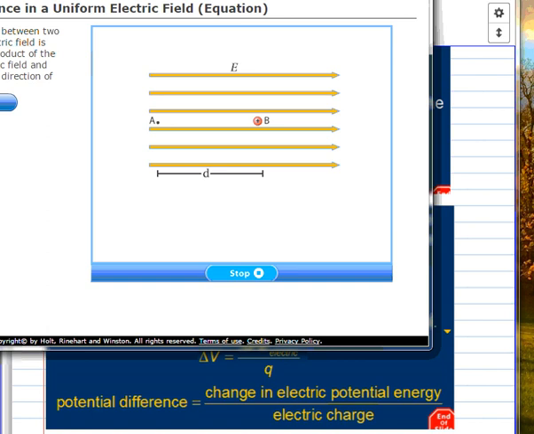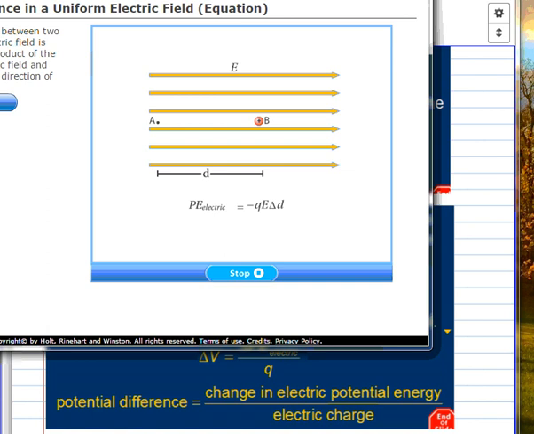Here the reference point is point A. If the charge returns to point A, its change in electrical potential energy is 0 because the displacement, delta d, is 0. Only the difference in potential energy is physically significant. The equation for the electric potential energy of a charge q in a uniform electric field E shows the simple dependence of potential energy on q, E, and delta d.